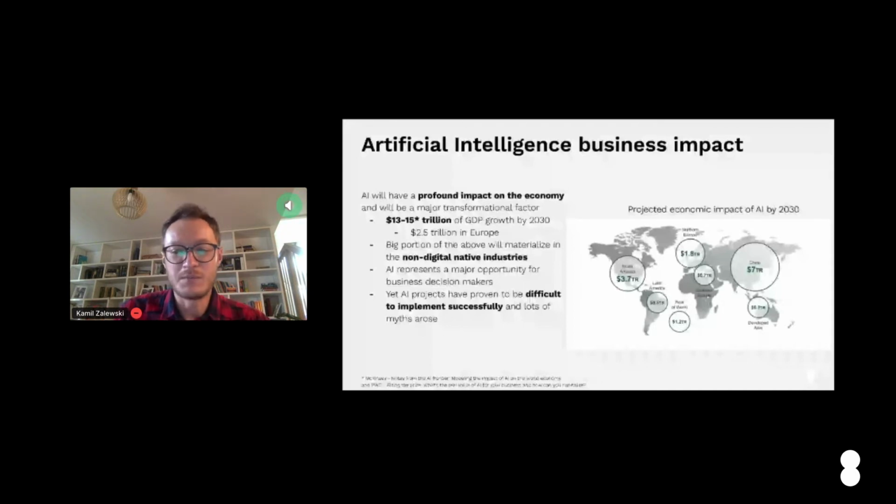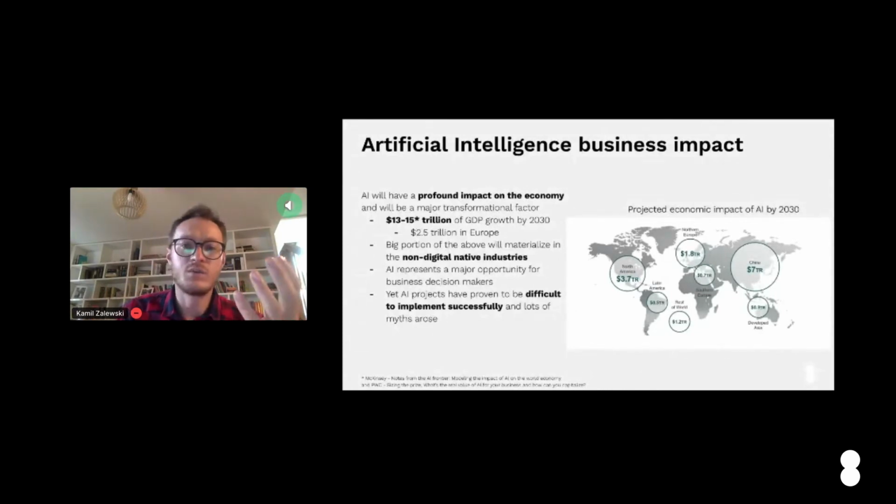A report by McKinsey shows that the GDP growth generated by AI will be anywhere between 13 and 15 trillion dollars by 2030. Out of that, a solid portion is to be accounted here, meaning in Europe. And yet a big portion of that impact is going to materialize within the non-digital native industries, right? That includes pharma, that includes healthcare as well.